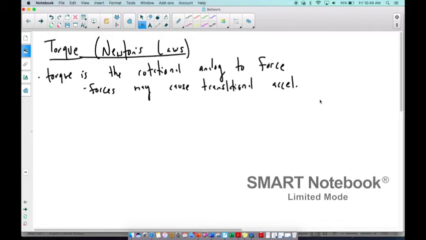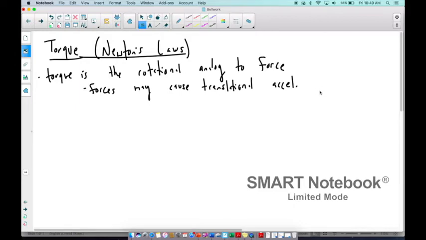Newton's second law says that the resulting acceleration will be proportional to the force and inversely proportional to the inertia or the mass of the object. Sigma F equals ma. And Newton's third law says, of course, that forces come in pairs. If object A pushes on object B, object B pushes back in the opposite direction with the same size of force back onto object A. So forces may cause translational acceleration.